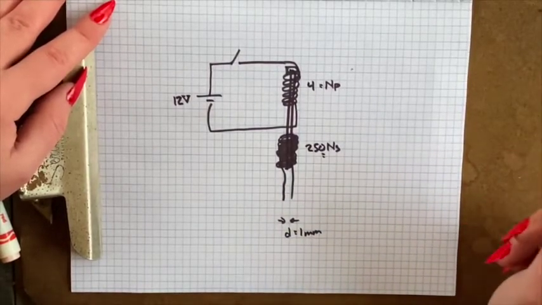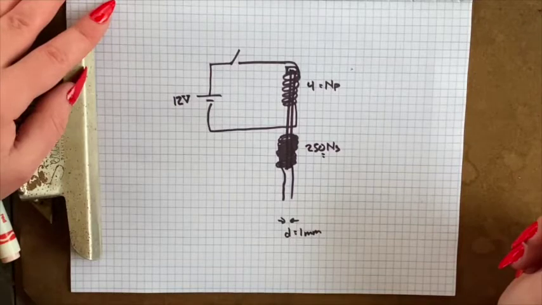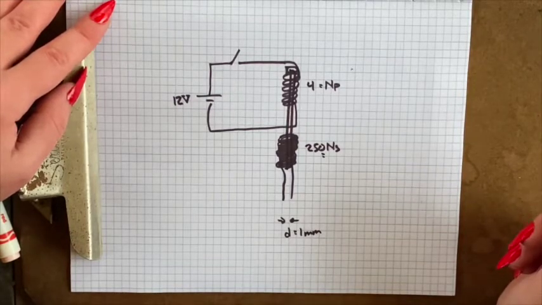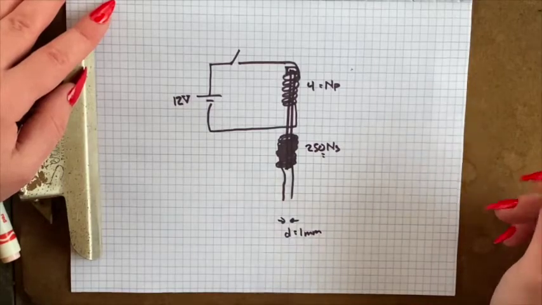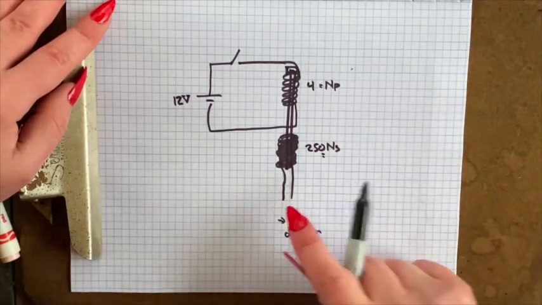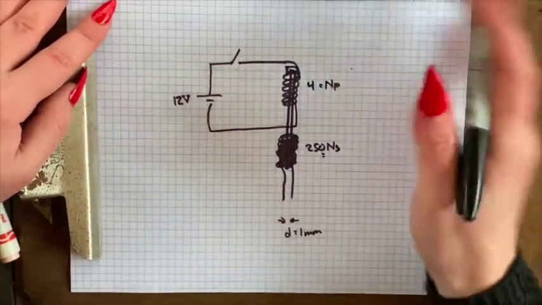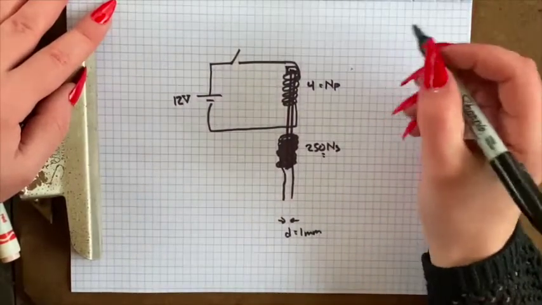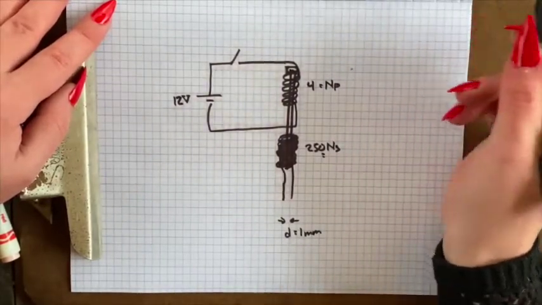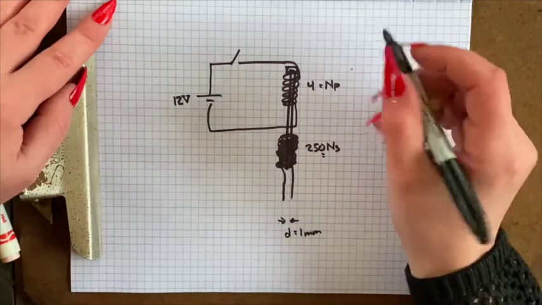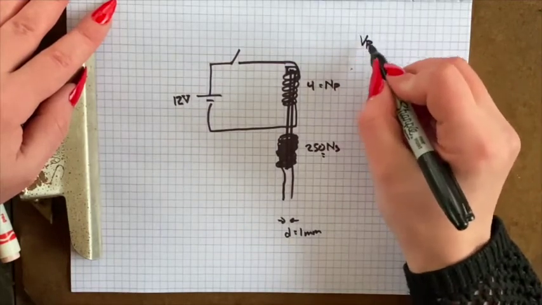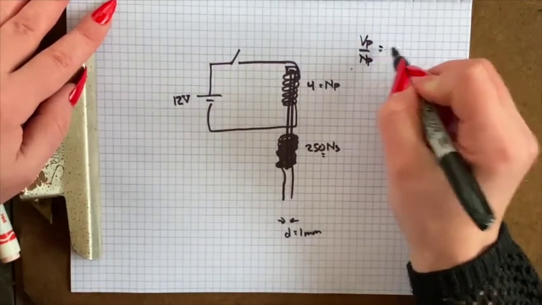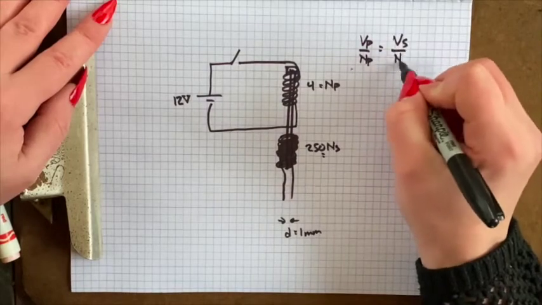A couple questions for you. This is obviously a step-up transformer. What would be the voltage output over here on the secondary side? So I guess we need to think about the transformer equation, right? And I think the step-up transformer equation, gosh, now I don't remember. I think it was VP over NP equals VS over NS.